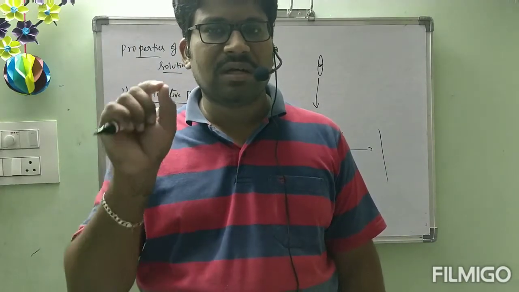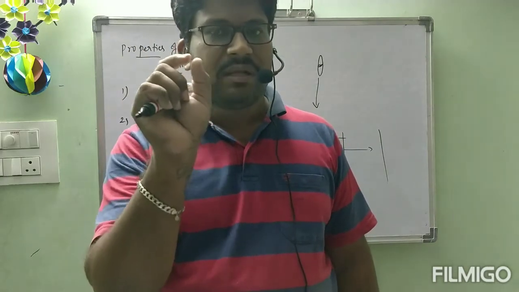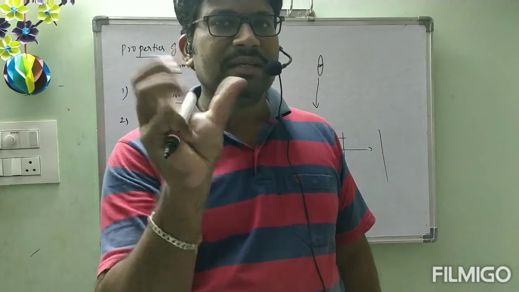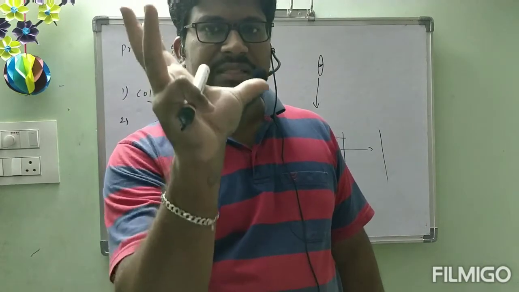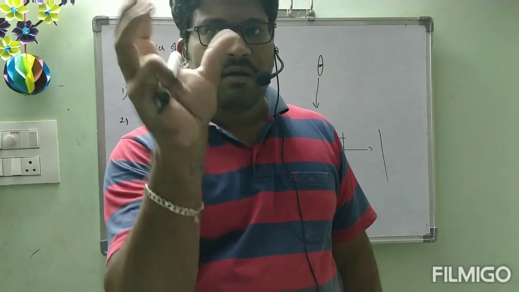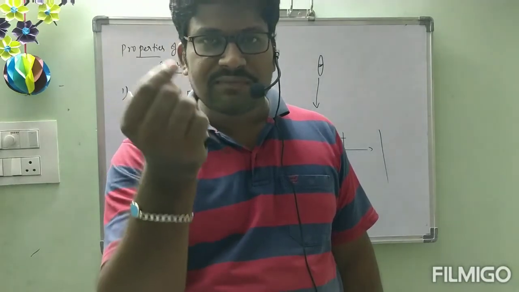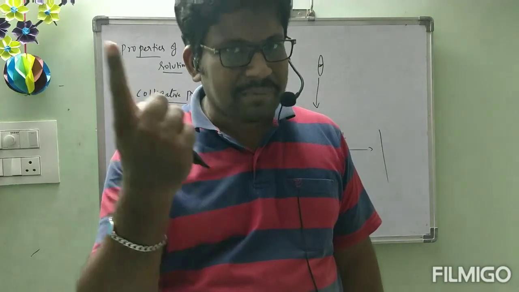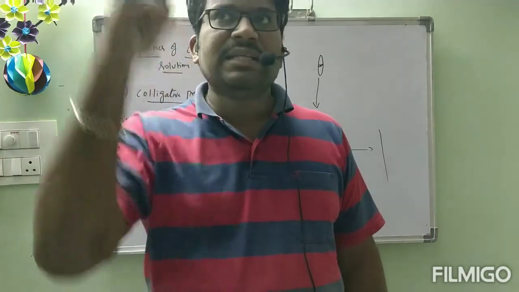Scatter means it distributes the light in different directions. From that, one beam of light falls on our eyes, reflected by that particle, so we can see that particle clearly.